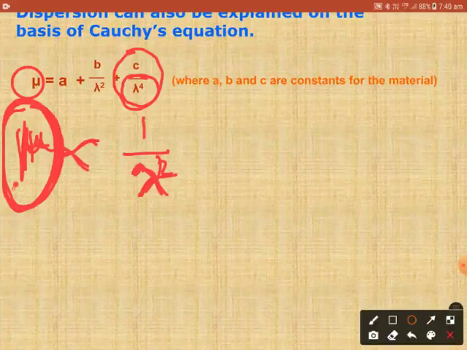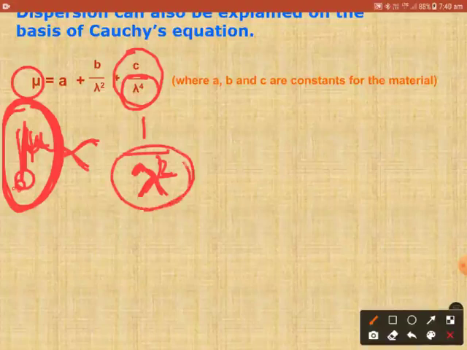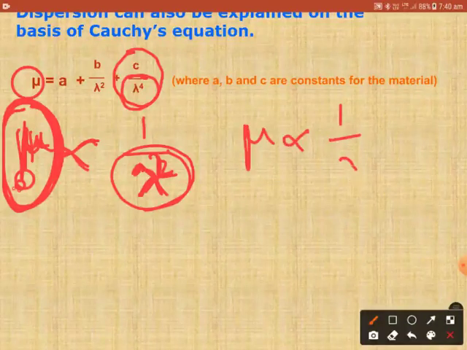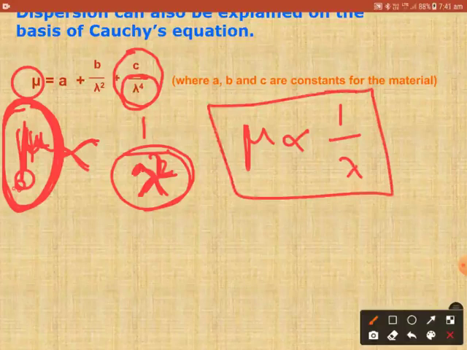So this degree of bending depends on the wavelength of light. Forget about the square and all; just take it that mu is inversely proportional to the wavelength. We can also simply say it like this for the explanation.